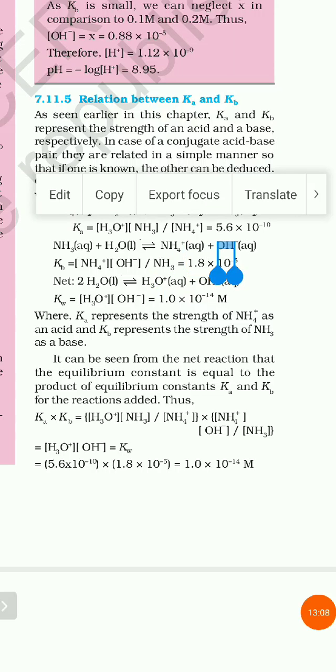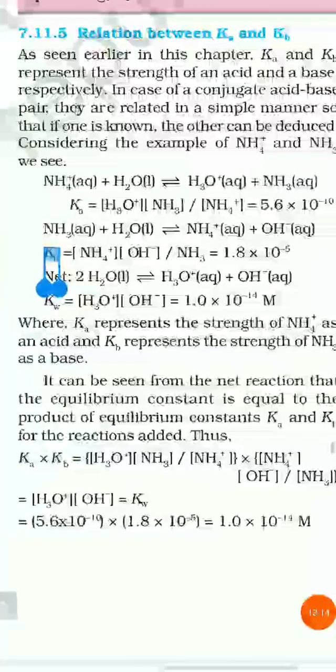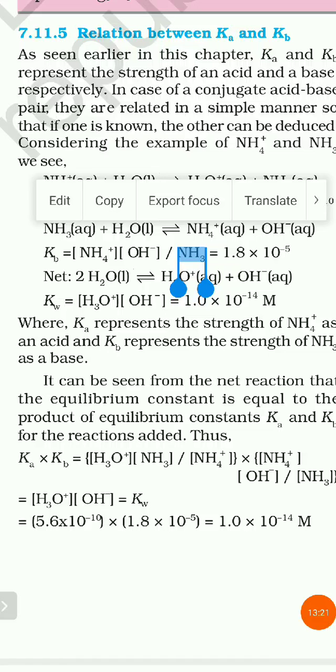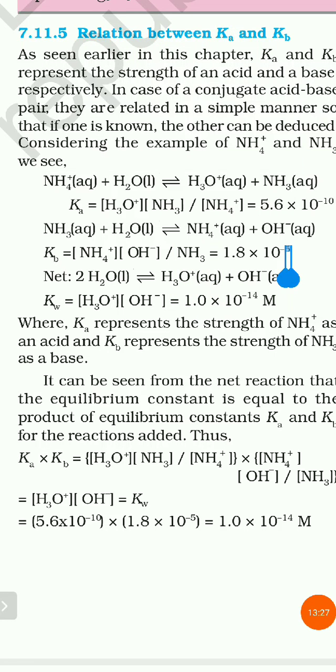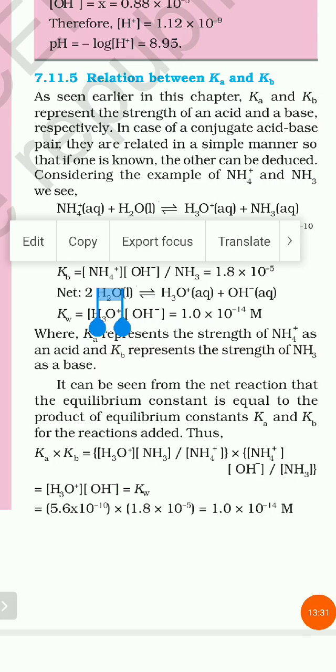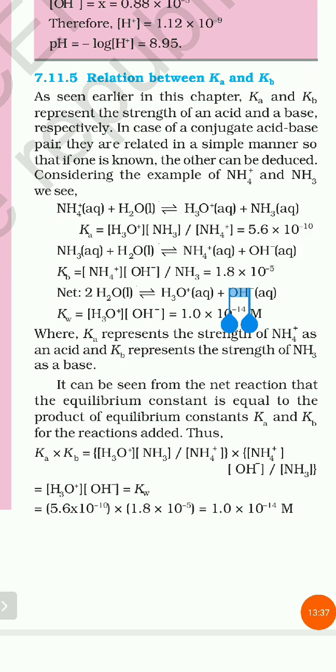Therefore the equilibrium constant for the base, Kb, is the concentration of products divided by the concentration of reactants. Its constant value is 1.8 into 10 power minus 5. Therefore, the net overall reaction is two moles of water molecules giving rise to hydronium ion and OH minus ions.